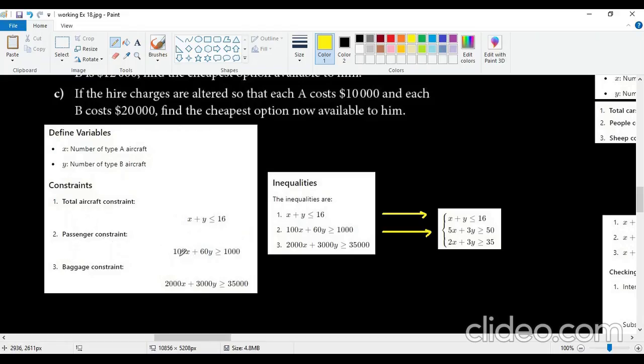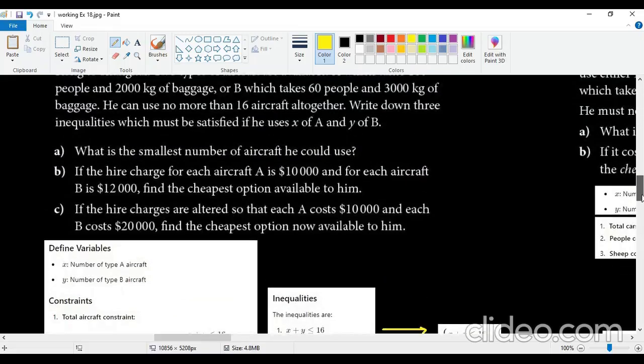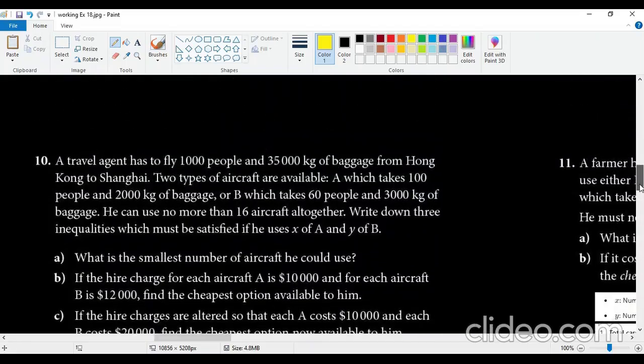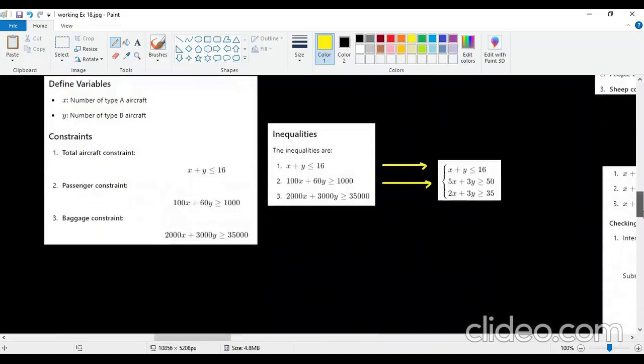The first one is taking 100 passengers, and the second aircraft is taking 60 passengers. So the passenger constraint is over here. Now the baggage constraint. The first plane is taking 2,000 and the second plane is taking 3,000, and altogether it should not be less than 35,000.